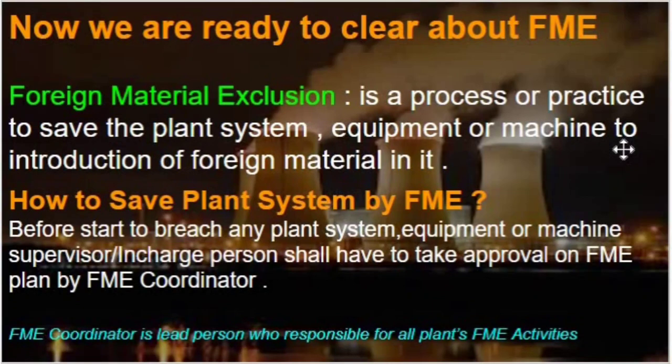Before breaching the system, there is a procedure: we have to make a plan of what we are going to do, what the safe practice is, and what the step-by-step procedure is to complete the work. Before breaching this system, we must take approval from the FME coordinator on the FME plan. The FME coordinator is the lead person responsible for all the plant's FME activities.